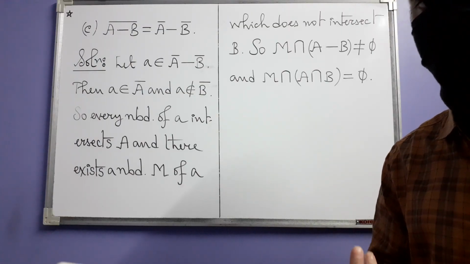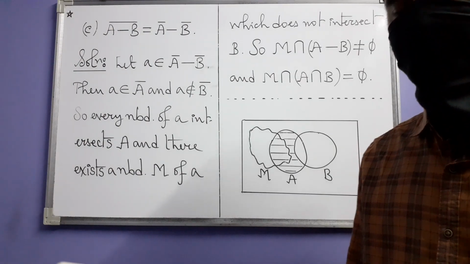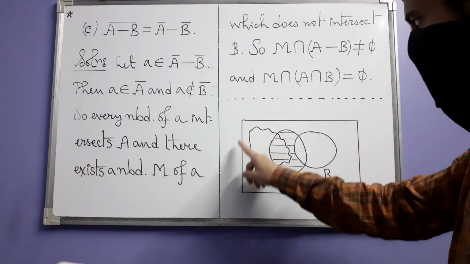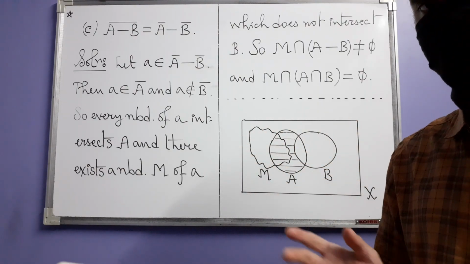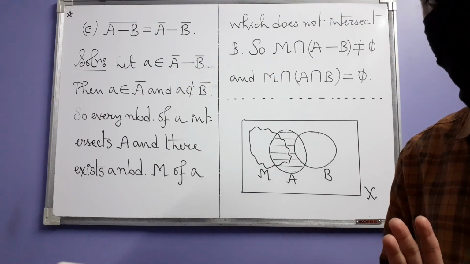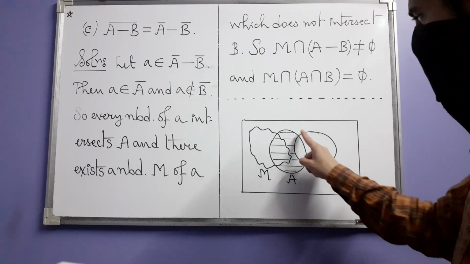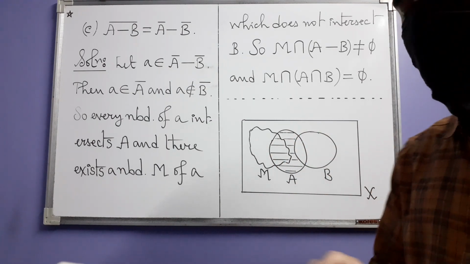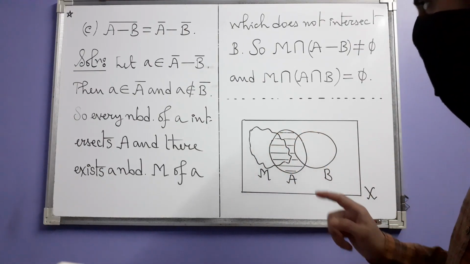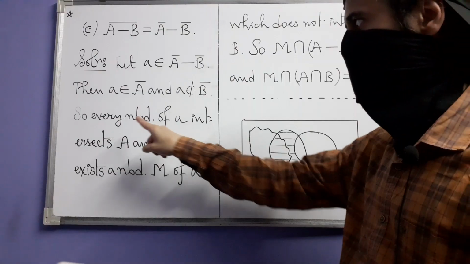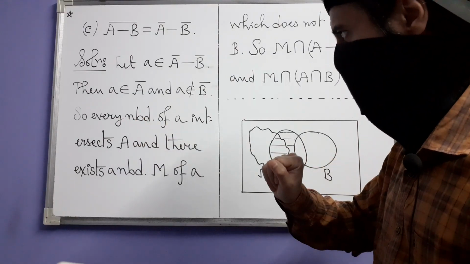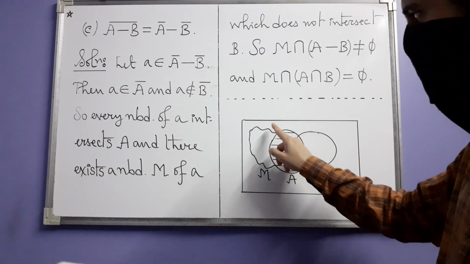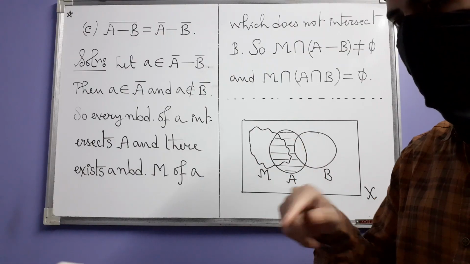But why? Let's see. We can understand the situation pretty easily using this Venn diagram. Say this is your space X expressed as a rectangular region. In X, you have the set A and you also have the set B. There is possibly some intersection between them, so this is a general situation. Now, what is the condition? The condition is that every neighborhood of the point a intersects capital A, and M is one such neighborhood, this region within this wavy closed curve.